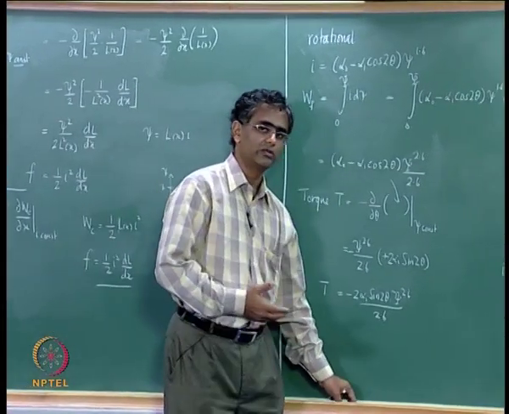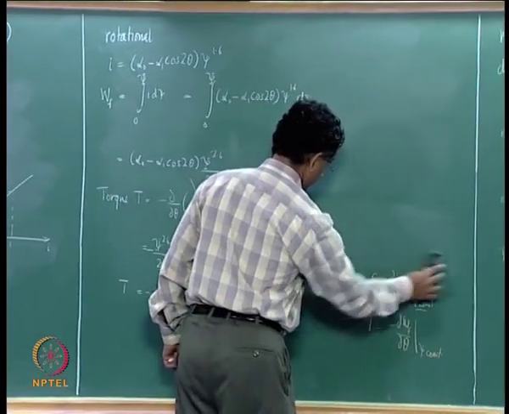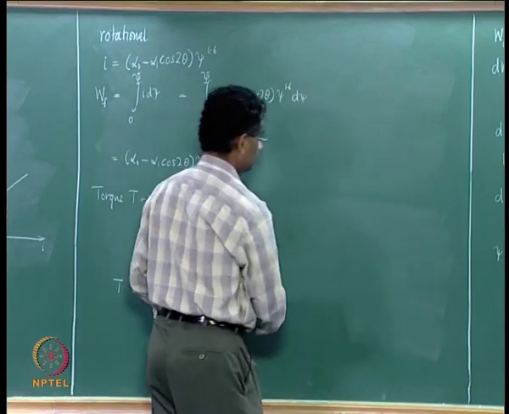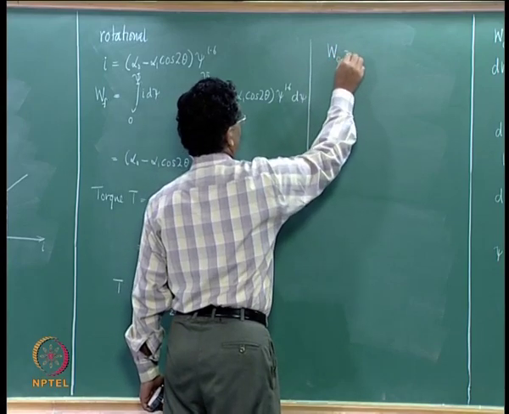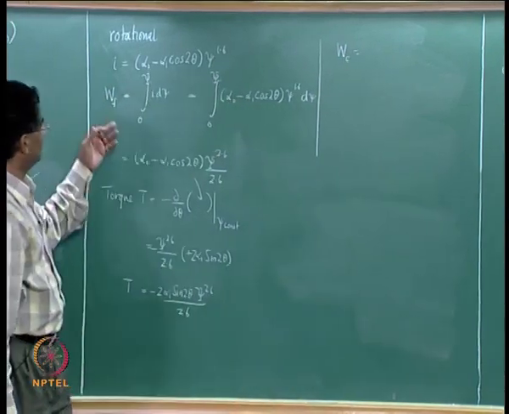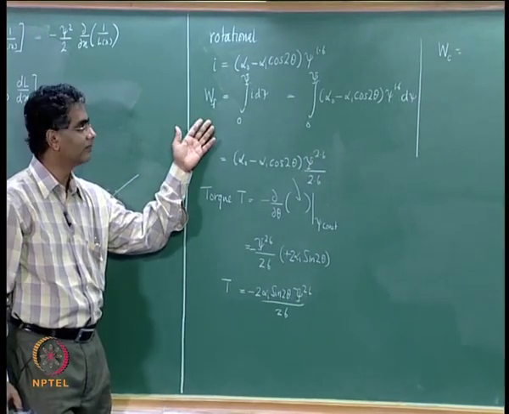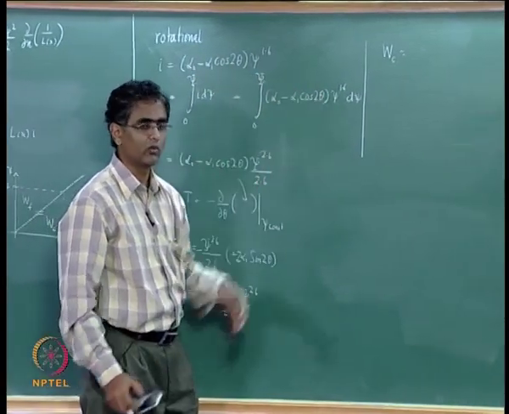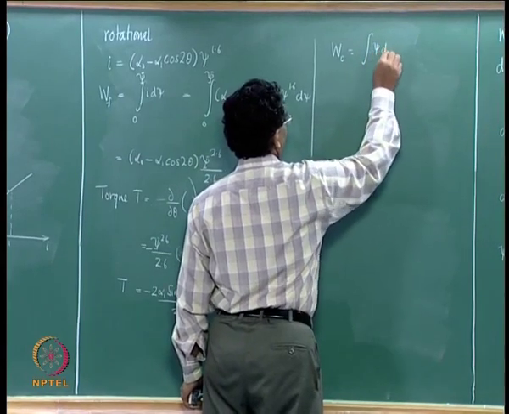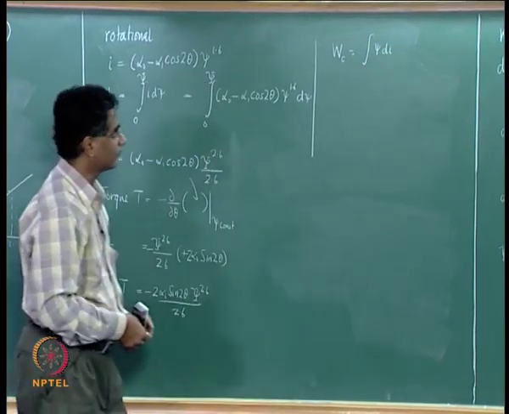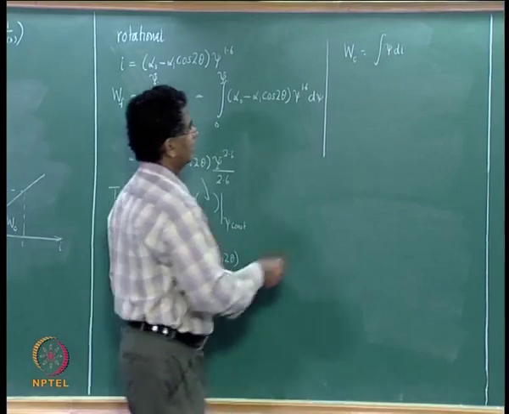One can do this using the co-energy route. So let us do that also. The co-energy, just like what we have done here, we have first determined the expression for the field energy. So, just like that we need to determine what is co-energy first. Co-energy is given by the integral of psi di, and therefore we need to get an expression for psi here.